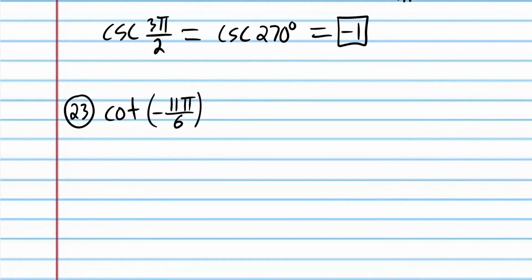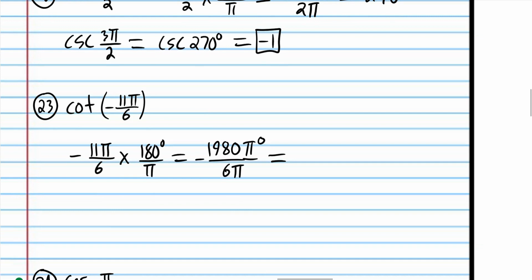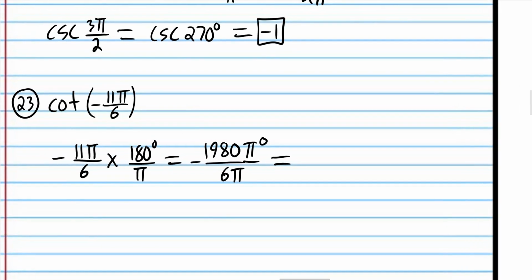This is actually a negative angle measure. So we're going to write -11 pi over 6, and then we're going to convert to degrees. 11 times 180 is 1980 pi degrees over 6 pi, and 1980 divided by 6 is 330.